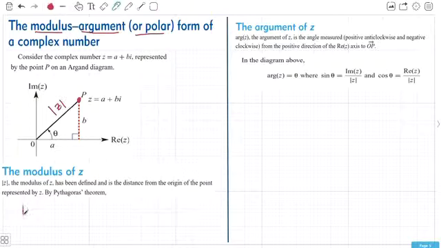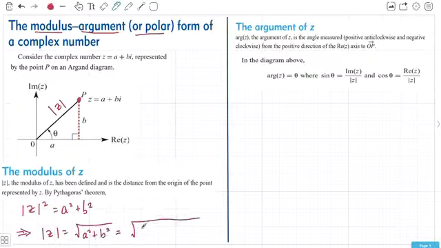So mod z squared equals a squared plus b squared, which implies that mod z equals the square root of a squared plus b squared, or the square root of the imaginary and real parts squared, so the real part of z squared and the imaginary part of z squared.